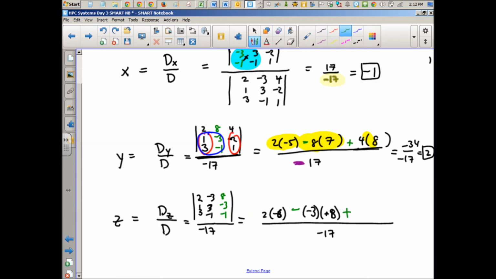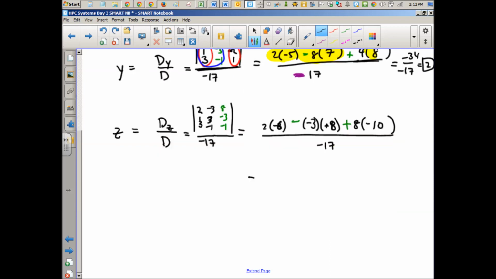And then a plus, and we have 8 times negative 1 minus 9, so negative 10. So we have negative 12 plus 24 minus 80 over negative 17. This is 24 minus 92, which is negative 78 on top.